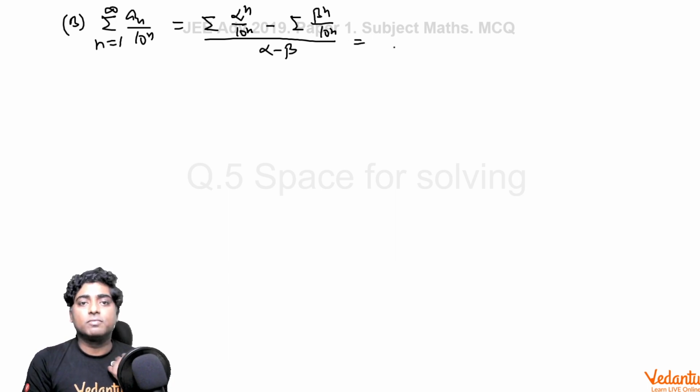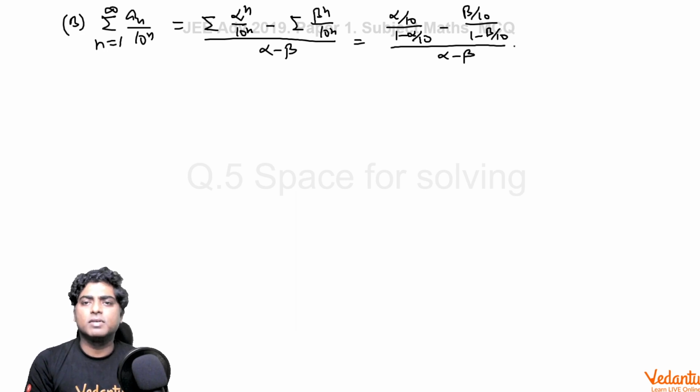And n ranging from 1 to infinity, it is nothing but an infinite GP in every term of the numerator, and we can use the formula for infinite GP, first term upon 1 minus common ratio, a upon 1 minus r. So I can write alpha by 10 upon 1 minus alpha by 10 over here, and minus beta by 10 upon 1 minus beta by 10 over here, upon alpha minus beta.